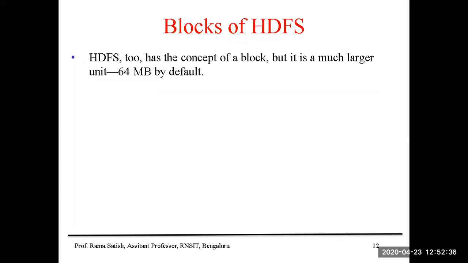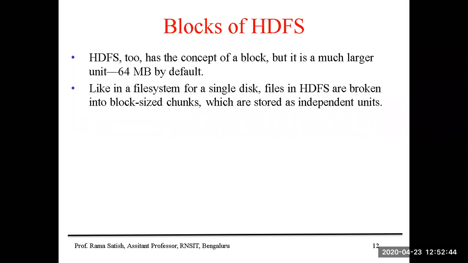That is the size of the HDFS block. Files in HDFS are broken into block-sized chunks. Every block in HDFS is 64 MB, and blocks are stored independently on different computers.